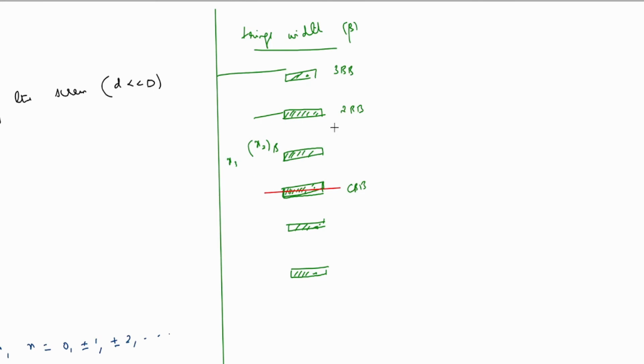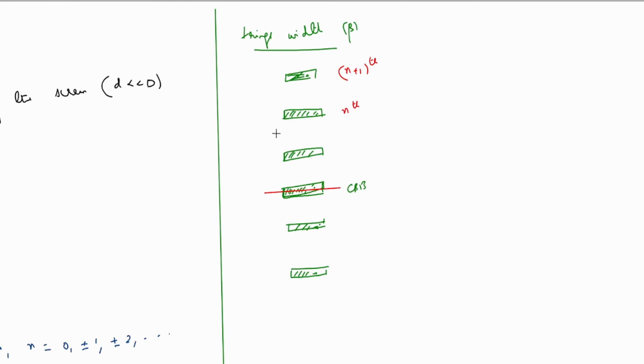To generalize this, instead of calling it a second or third band, suppose this is the nth band. This would be the n plus 1th band. If this is second, this will be third.